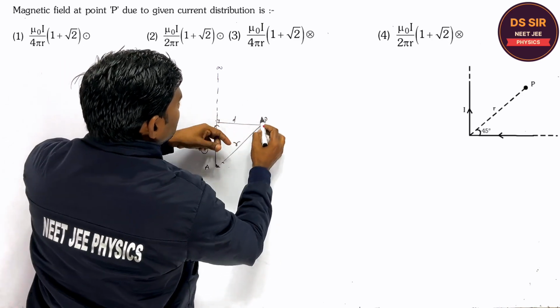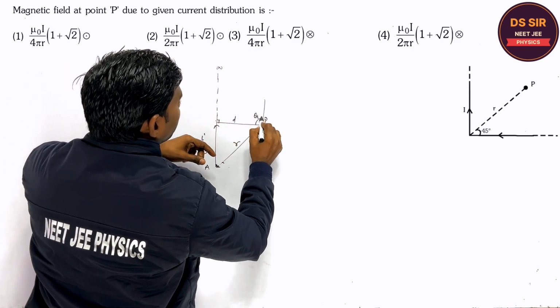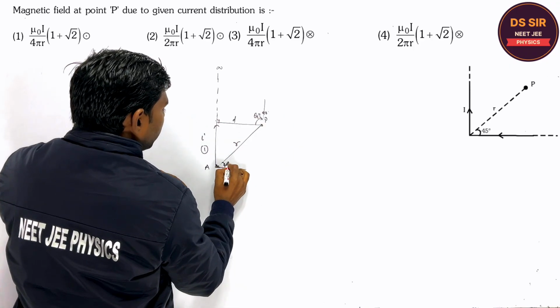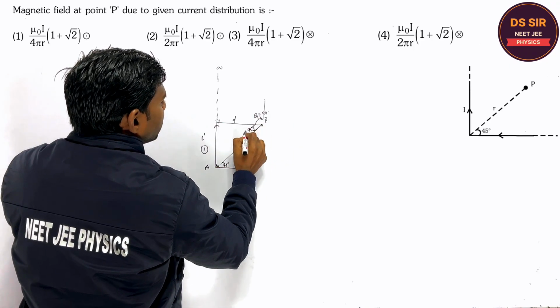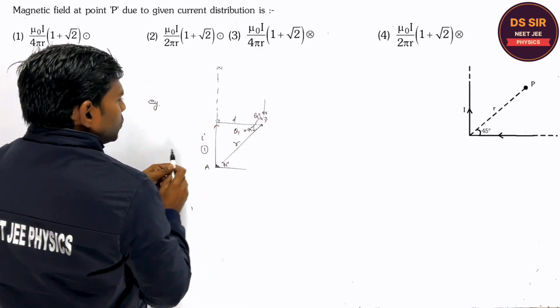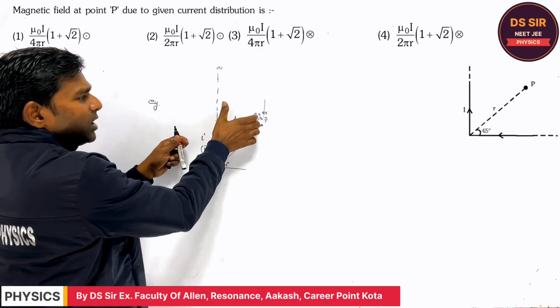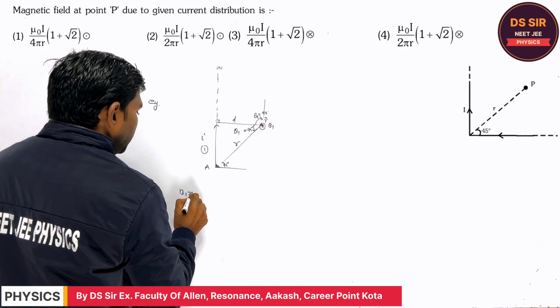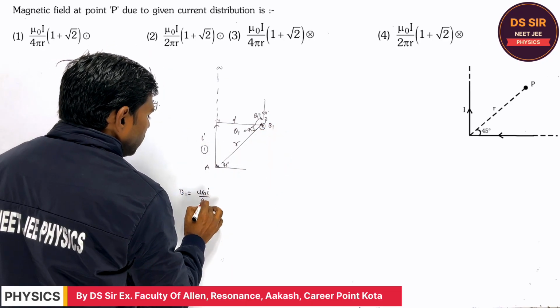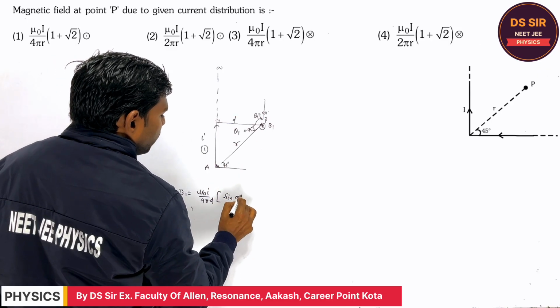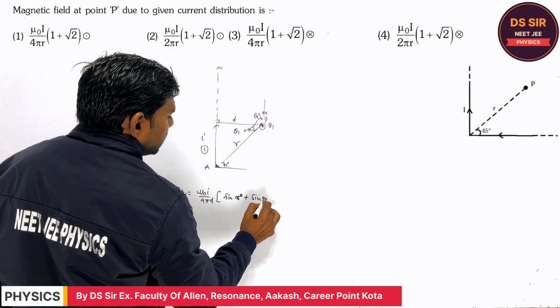For this portion, theta 2 becomes 90, and theta 1 becomes 45. Because of this first portion, the magnetic field is into the board. So B1 may be written as mu naught I upon 4 pi d, sine 45 plus sine 90.